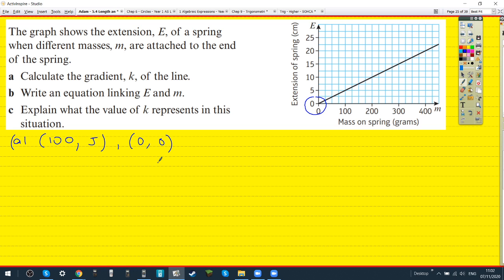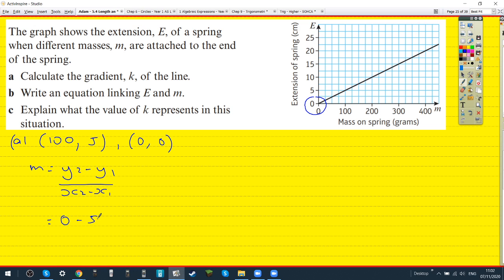Okay, so gradient. Is that y2 minus y1 over x2 minus x1? Yeah. So it'd be 0 minus 5 over 0 minus 100.